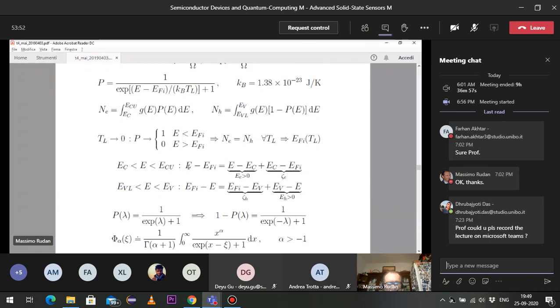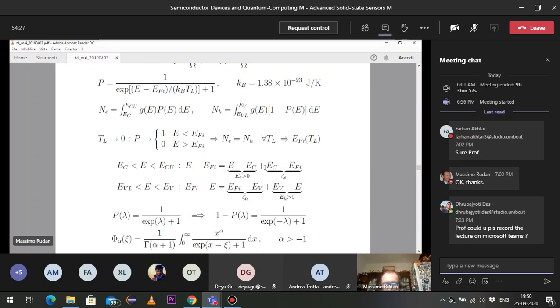So the difference E minus E sub f can be expressed as E minus EC plus EC minus E sub f. We simply subtract and then add again EC. The difference E minus EC, you remember, is the kinetic energy of the electron. So it is something that is non-negative and takes the name E sub E. We already encountered this symbol, okay?